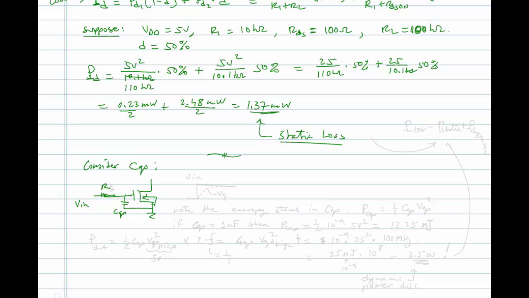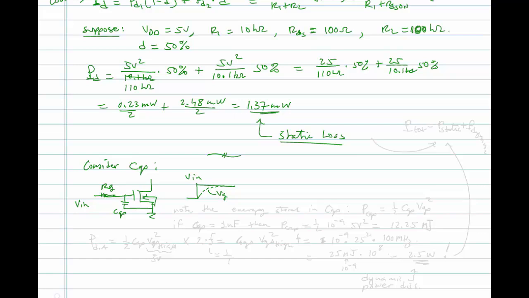It doesn't change the result, but if I call this Rg, what actually is happening is if you put Vin like this, we'll see that the voltage at the gate, Vg, will actually rise exponentially. Now that might be really fast depending on the values of Rg and the capacitance.